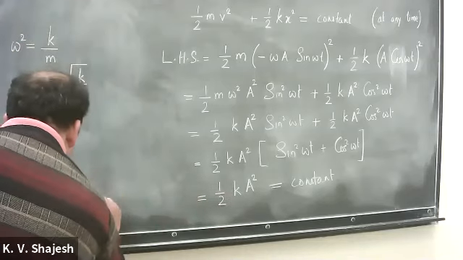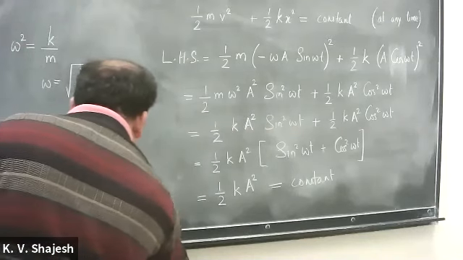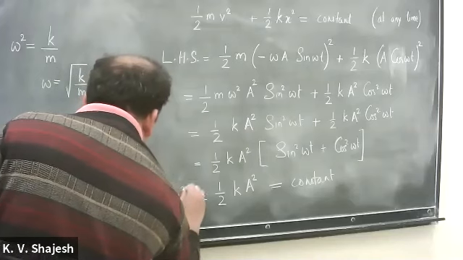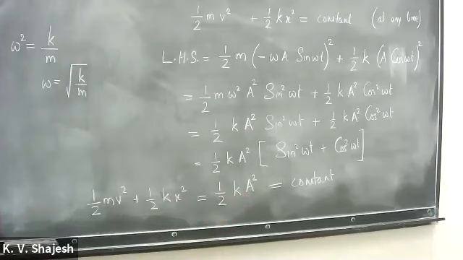So half mv squared at any time plus half kx squared at any time is constant, and now we know the value of the constant: half k A squared if you begin the motion by stretching things out. So now we know how to describe a simple harmonic motion, which is basically an oscillatory motion, and we also know how to analyze its energy.